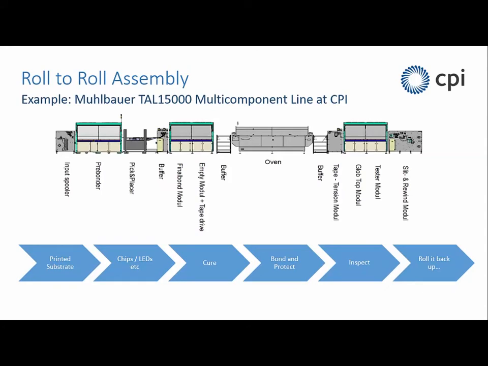We have an input spooler that takes the 500 meters of circuit. We go through a pre-bonder, which actually can allow direct wafer placement, so pick and place from wafer. So individual die can be placed on the reel as it's going through. We then see the pick and place unit, which is the Yamaha iPulse that I just showed you, followed by a final bond module. That module is applying what are called thermodes.